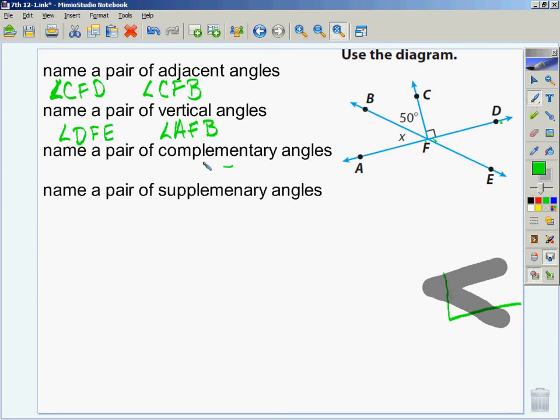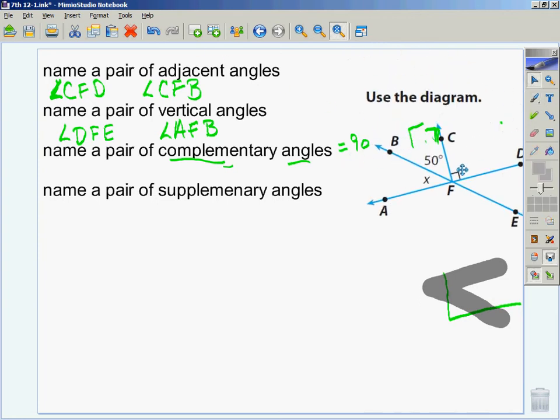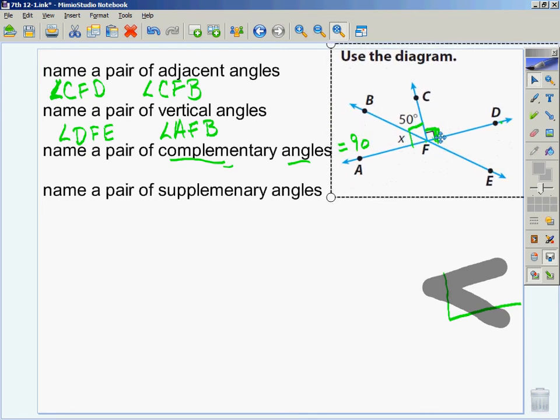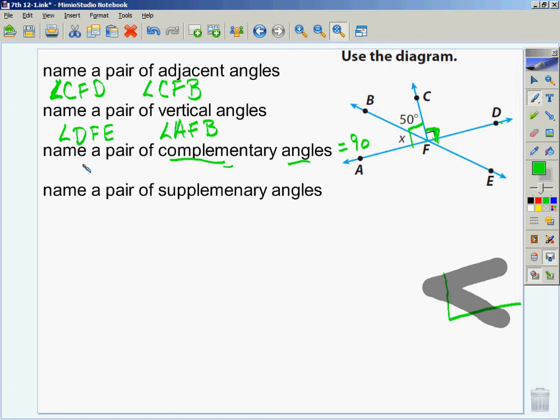Now, a pair of complementary angles, which means they have to add up to equal what? 90. This is one angle that's 90. If this is 90, over here also had to be what? 90. Because it had that little mark in the corner. Okay? If they put that mark in the corner, they told me that was 90 degrees. So, on the other side, CFB and BFA.